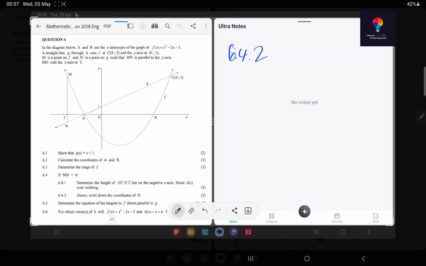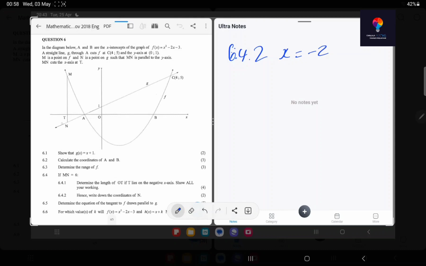It was said initially that MN cuts the x-axis at T. So the x coordinates of M, of T, of N are going to be the same, which is what? x is going to be minus 2 there.